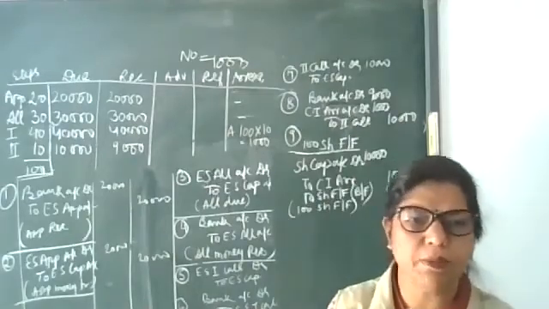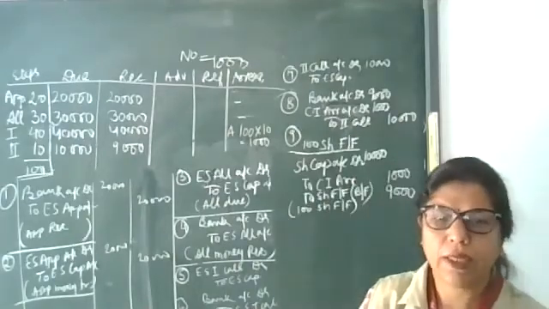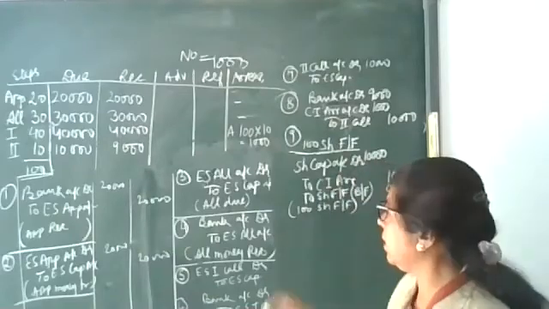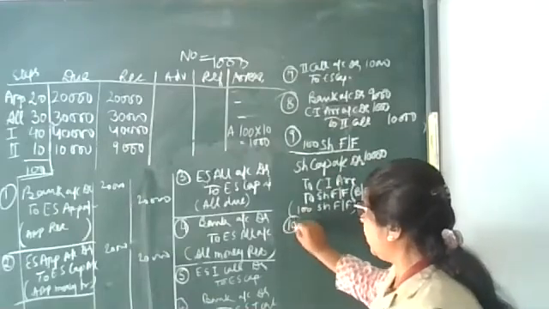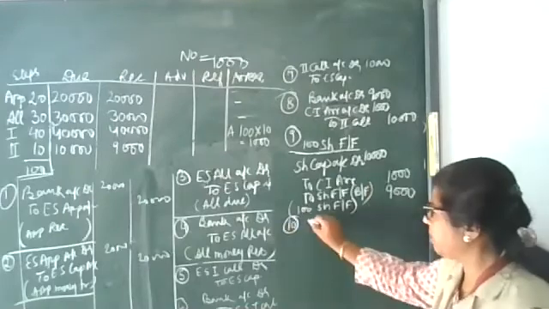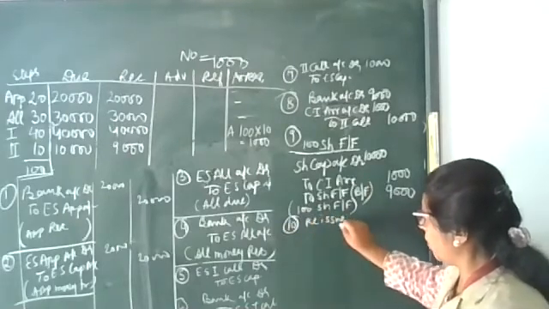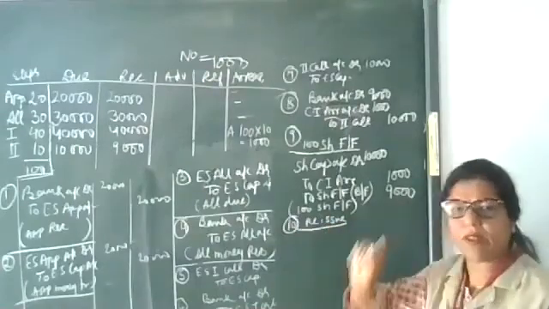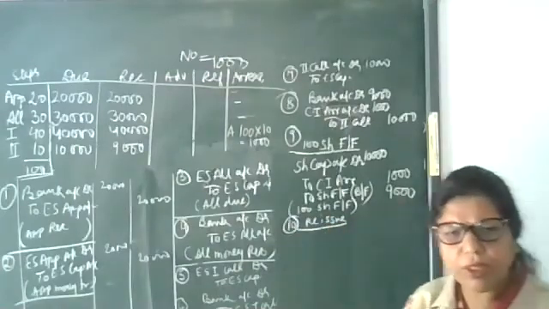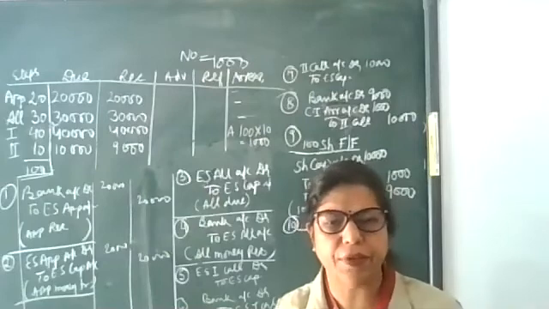Forfeited means cancelled by the company. Then after the 9th entry, the 10th entry will be for reissue. You can write this, and in the exam, show the steps in a very clear way.